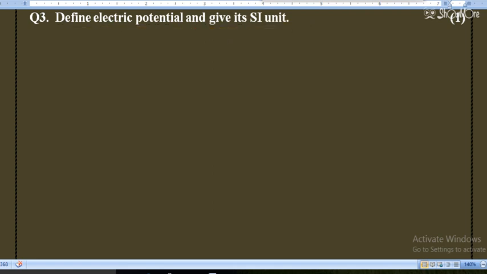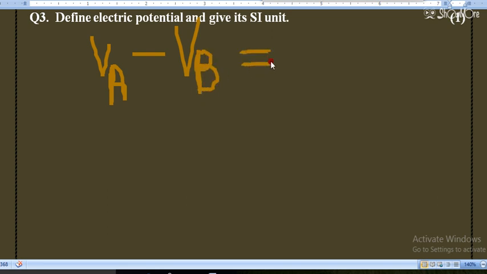I hope you know that electric potential is the amount of work done. Electric potential is basically the difference between 2 points, VA minus VB. It is equal to the work done from B to A.